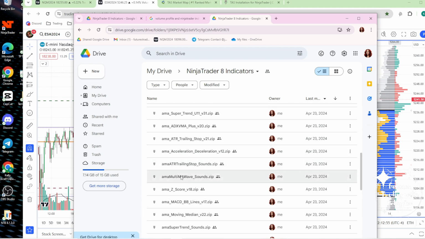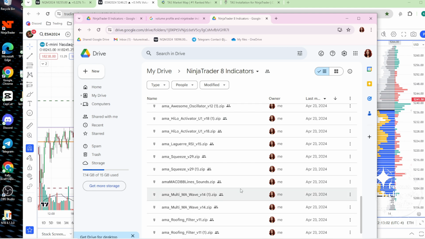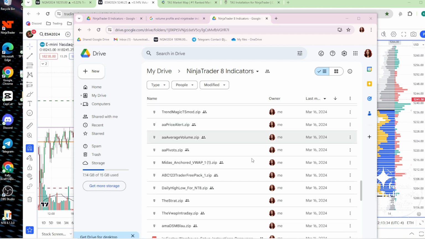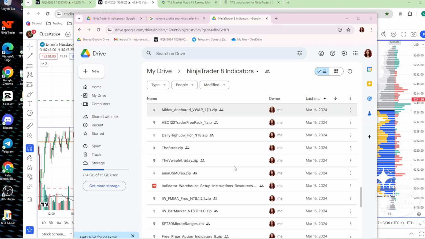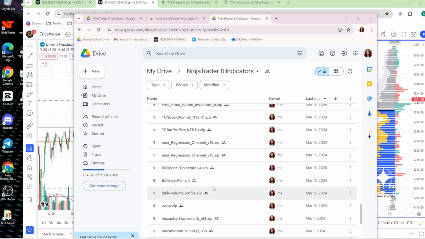Some of the indicators in here are older, and if you've upgraded to the most recent copy of NinjaTrader, it won't install. It'll say it's an old script. What you could do is install a prior version, install the indicator, and then just update from there. It seems like the indicators are fine if you update them after they're already installed.